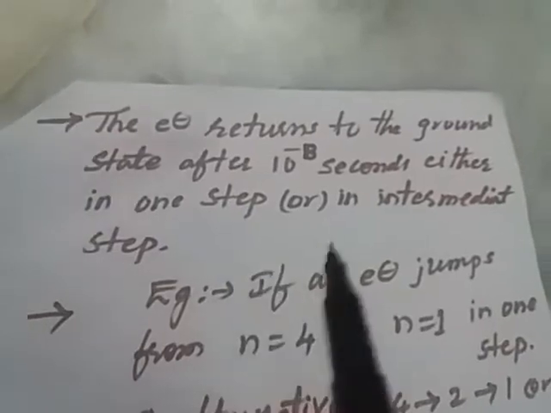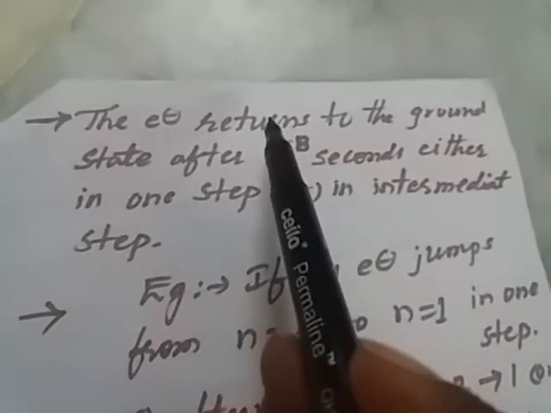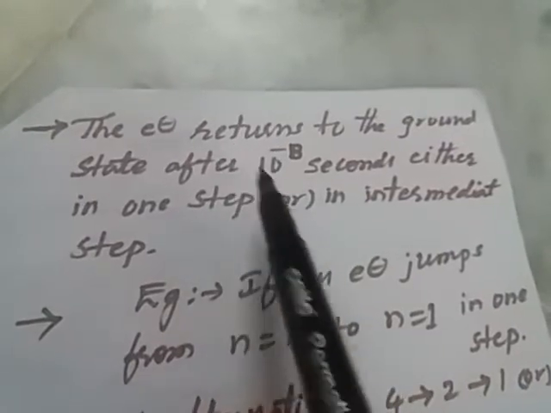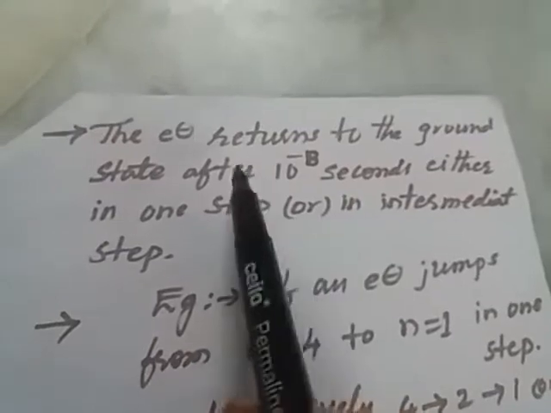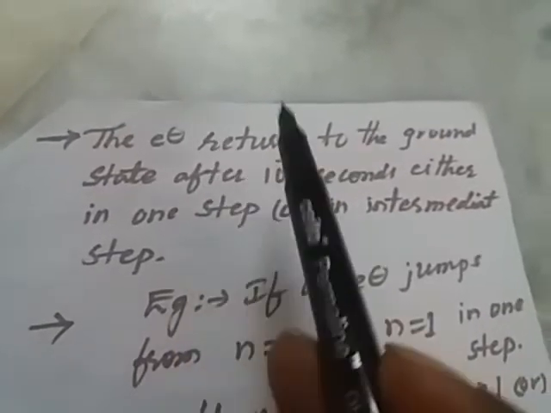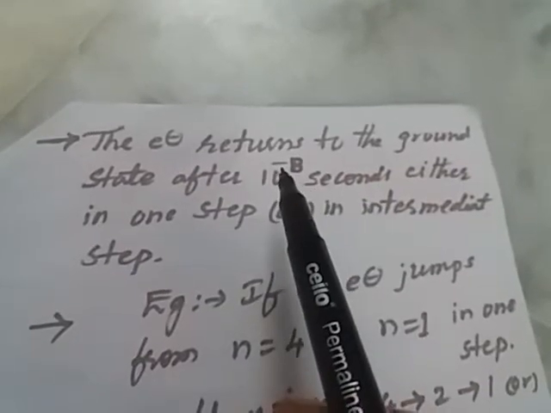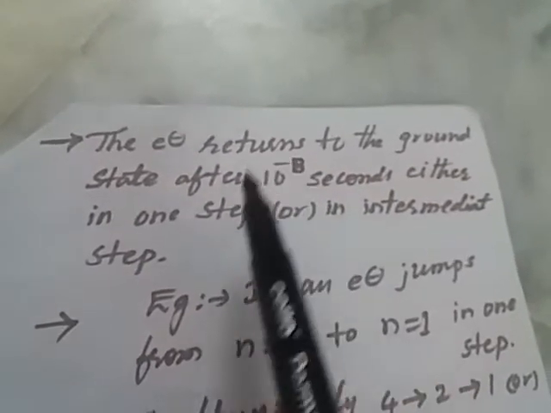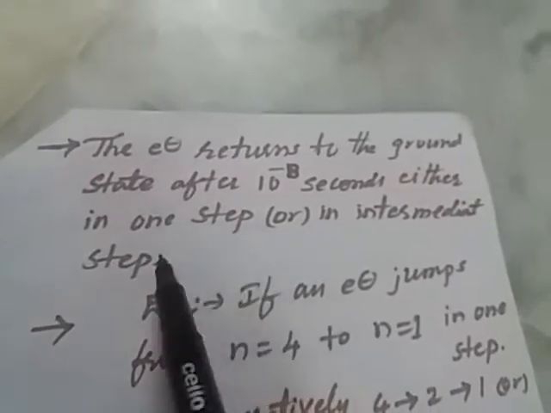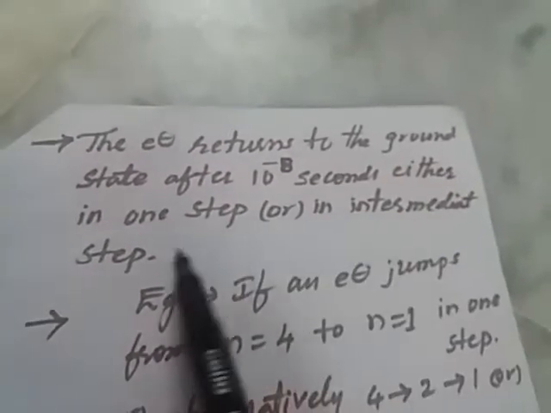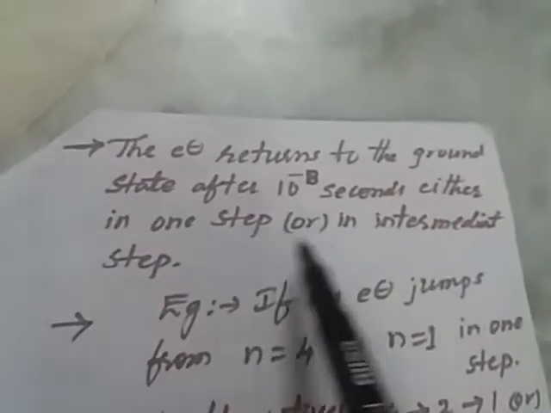When an electron jumps from the ground state or lower energy state to higher energy states, it does not stay long in the excited states. That's why after 10 to the power of minus 8 seconds the electron comes back to the ground state, in one step or in intermediate steps. This is an important point.